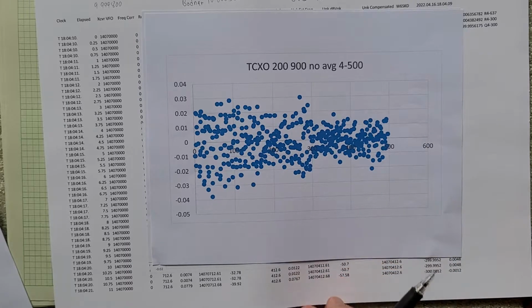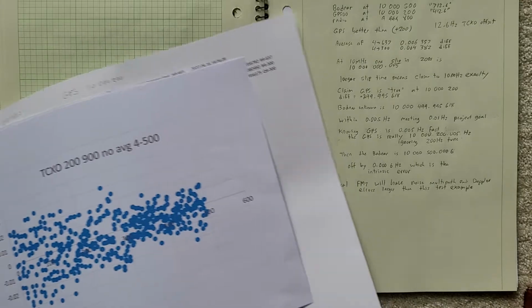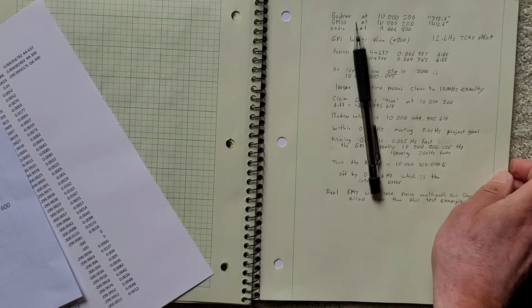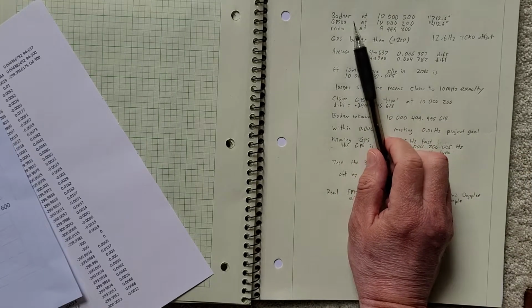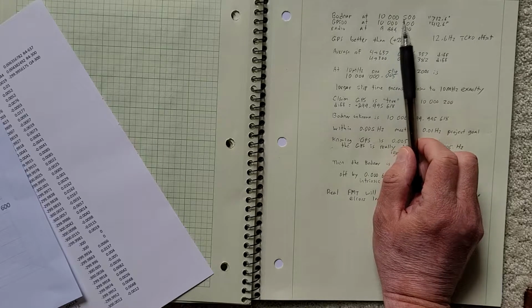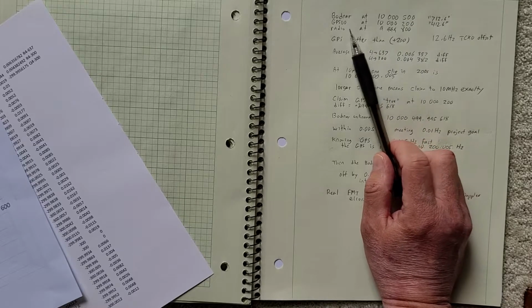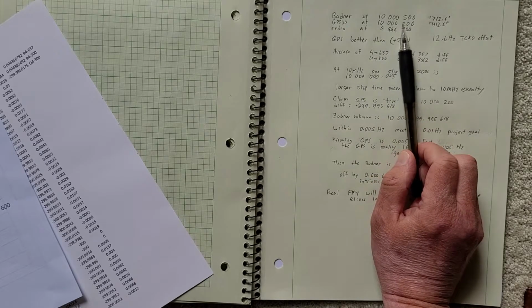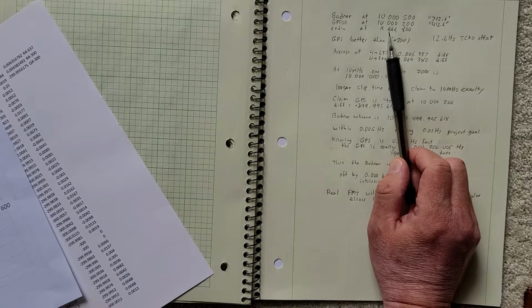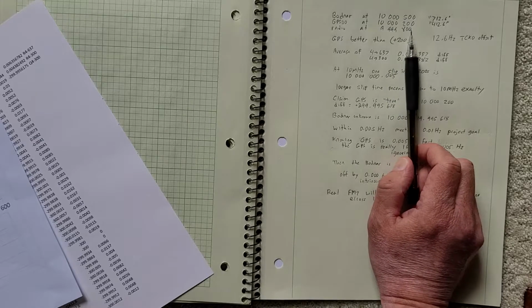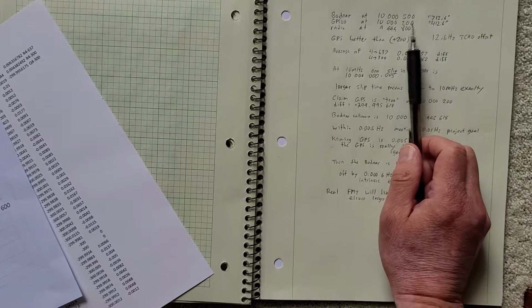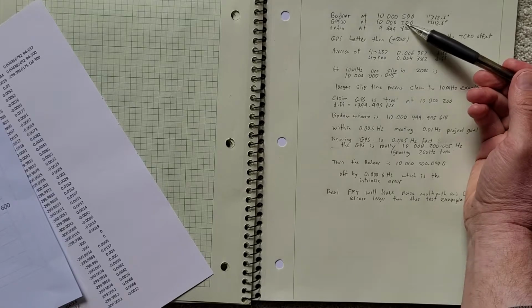I have a GPS unit which can do frequency synthesis, called the Bodnar, and I set that to produce 10.0005 megahertz, and I set my GPSDO at 10.0002, and I set the radio at 9.999800 megahertz.